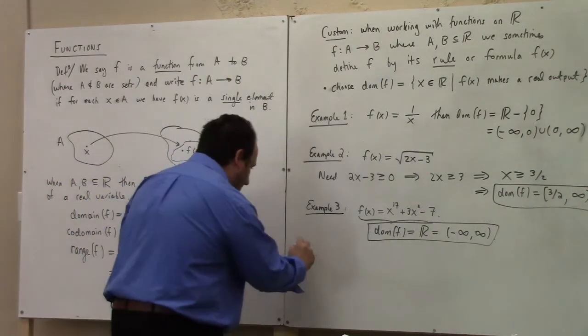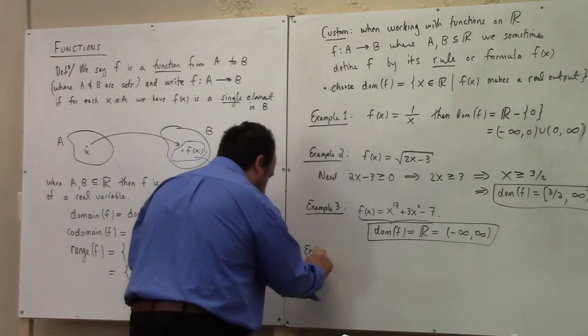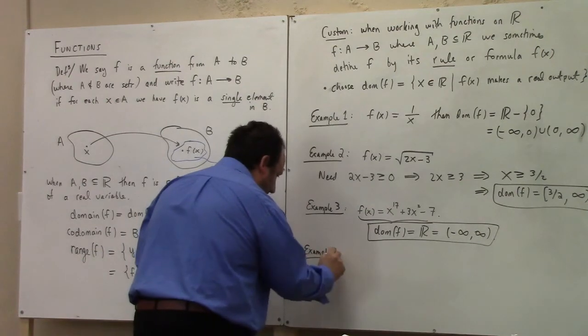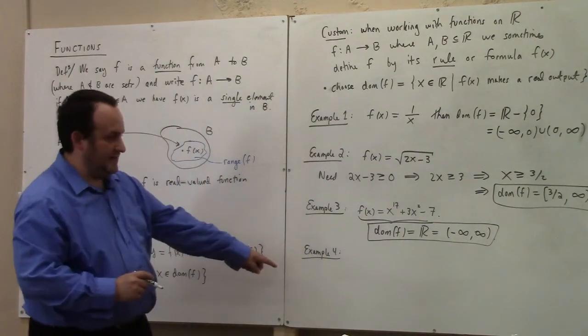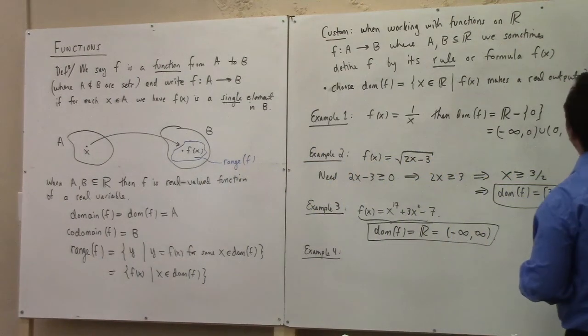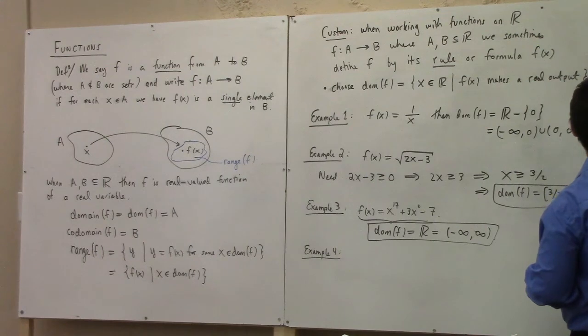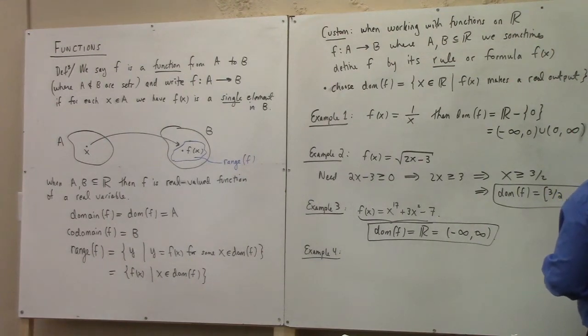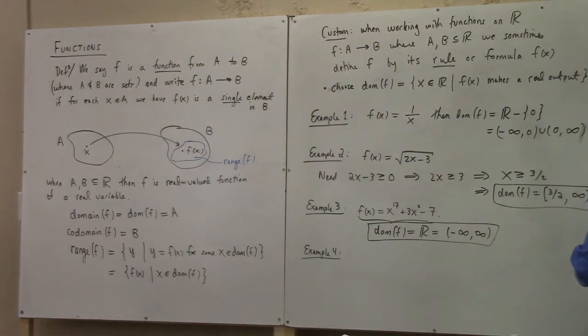Example 4. We could have f of x equal to 1 over x squared plus 4x plus 5.